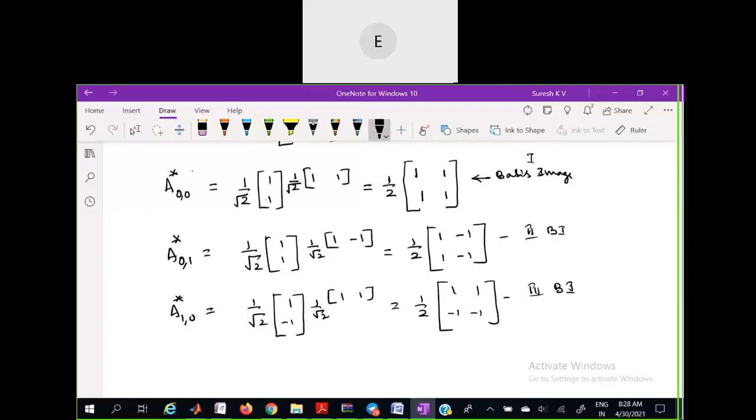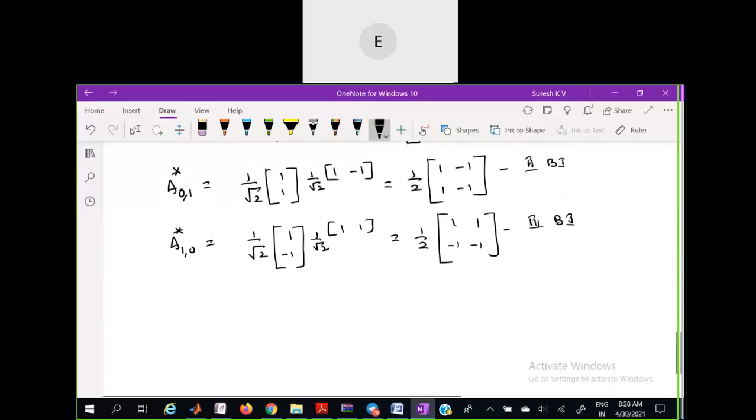See, if there are any doubts, please ask me. I'm trying to go as slow as possible because this is an important problem. Lastly, I will take the first column with the first column, outer product. So 1 by root 2, 1 and minus 1, times 1 by root 2, 1 and minus 1.